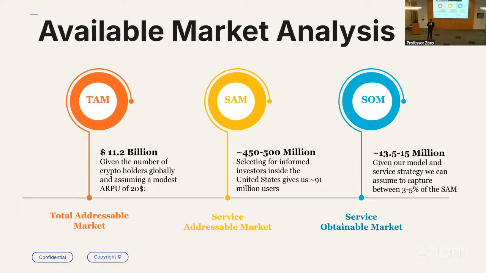Now, if we whittle that back down to informed investors in the United States, that can include retail investors and institutional investors who are trading these assets and who may want to know more about them. That, I think, brings us to our serviceable addressable market. And of course, assuming a 3 to 5% capture of that market, we can get the serviceable obtainable market. And here, we make a fairly modest assumption of ARPU of about $20.